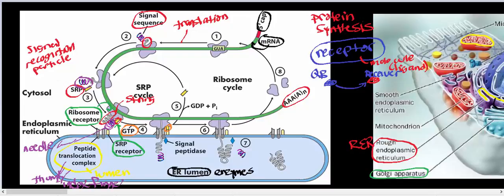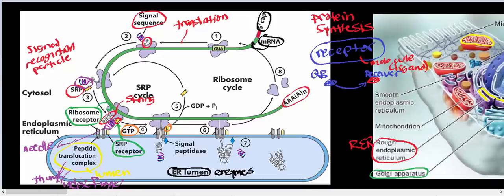So what happens? Well, the thumb and index finger always grab the needle, right? So analogously, the peptide translocation complex binds the signal sequence, just like your thumb and index finger grab the needle.